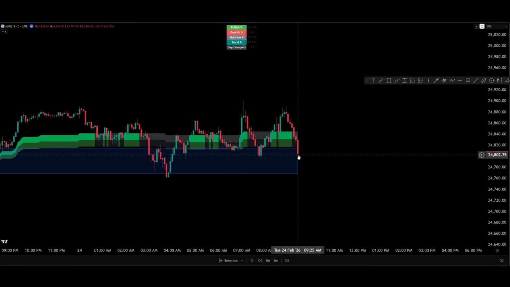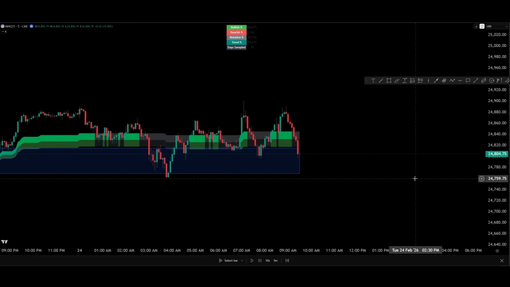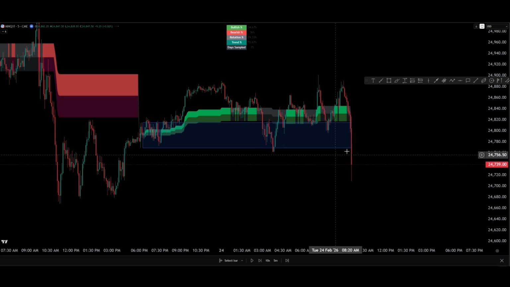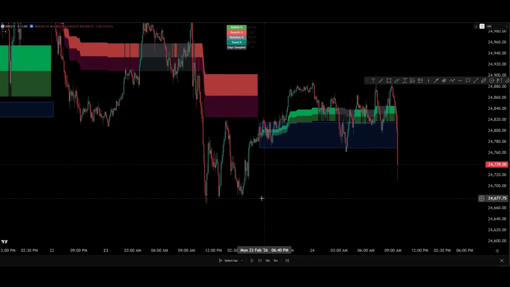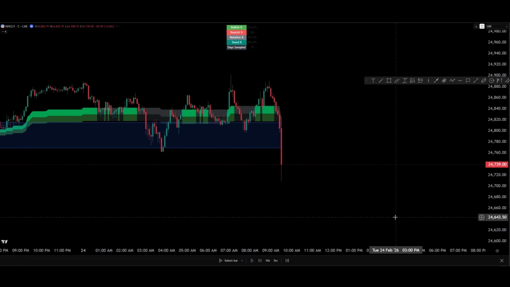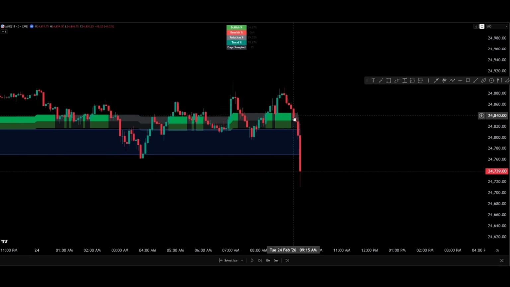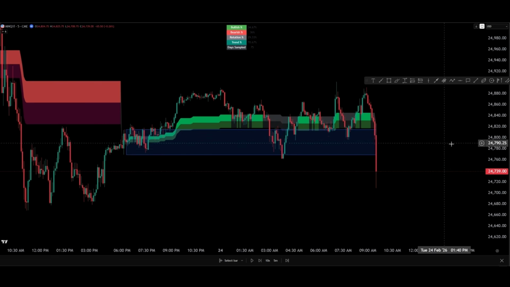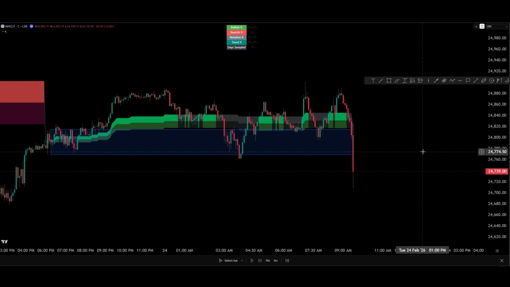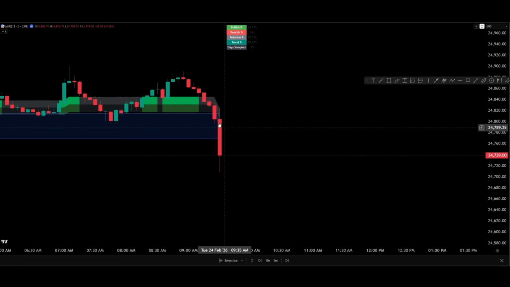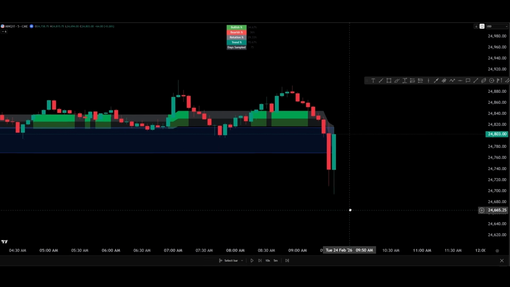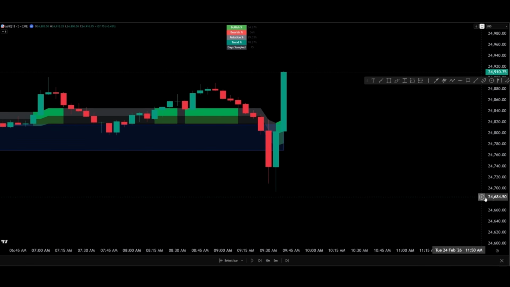So there's your 9:30 or 9:25. Here's 9:30. It's dumping. People are like, oh my God, FOMOing in, thinking it's going to take these lows, whatever the reason they're doing that. I'm not, because look at where our zone is. It's above the range. It's above the open. I'm not looking for shorts unless this zone follows price through, okay? And it doesn't. Look what happens.